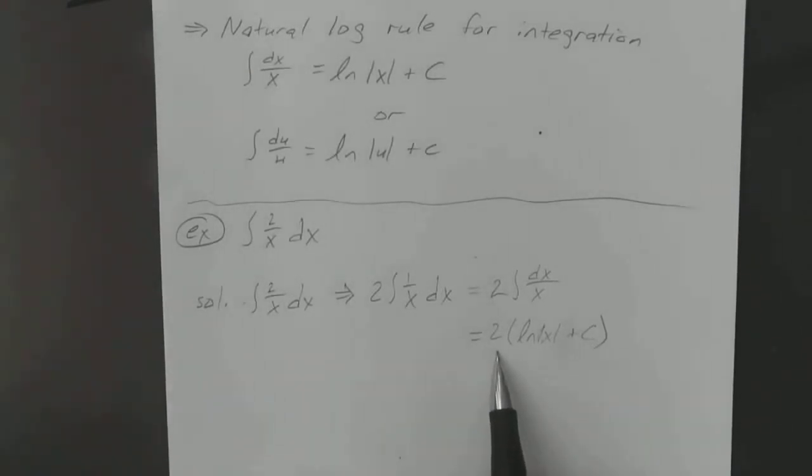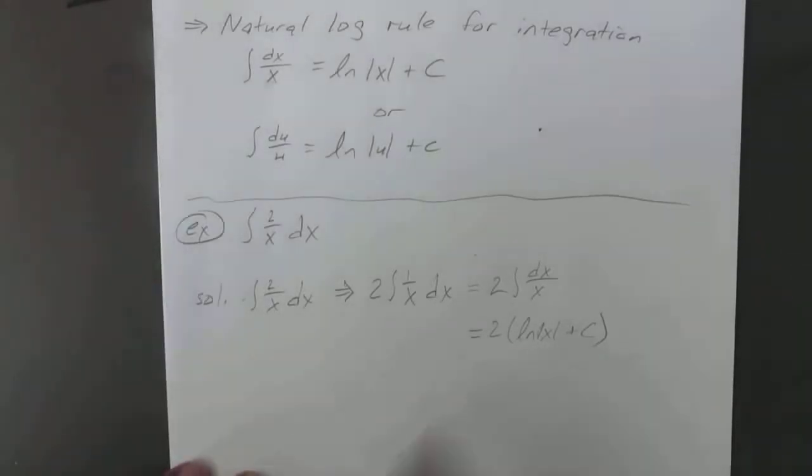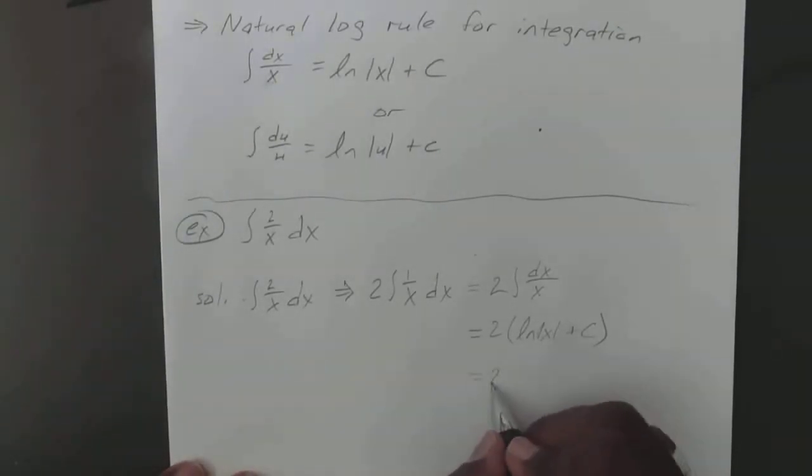And really you don't have to put the 2 times c, because 2 times a constant will still give you another constant, so you just have to really multiply the c here.